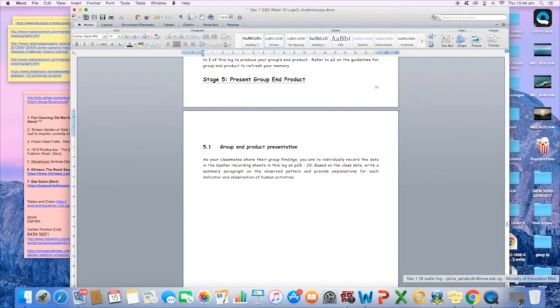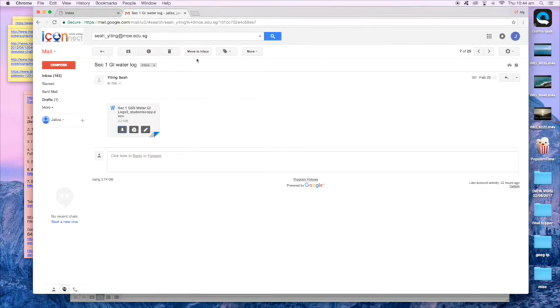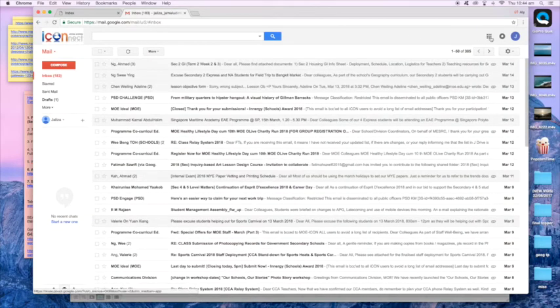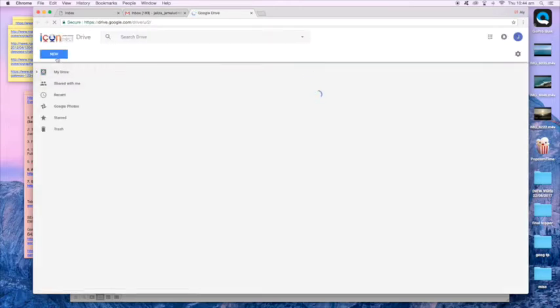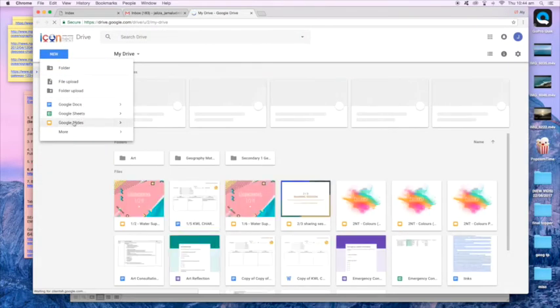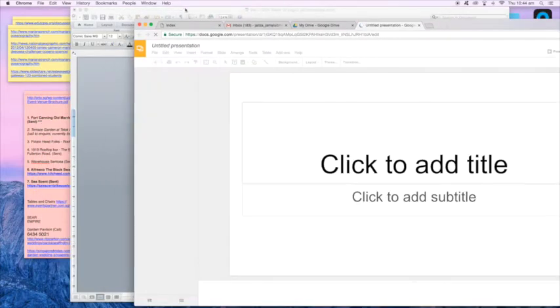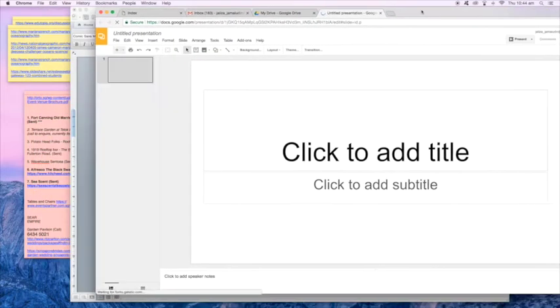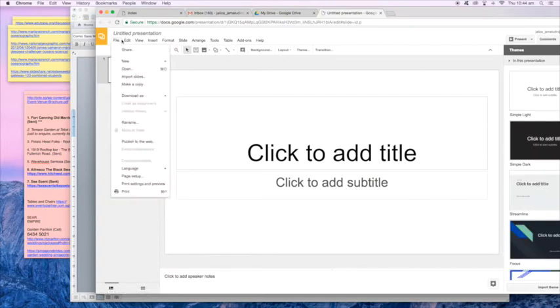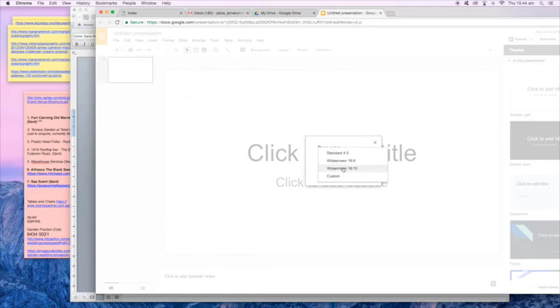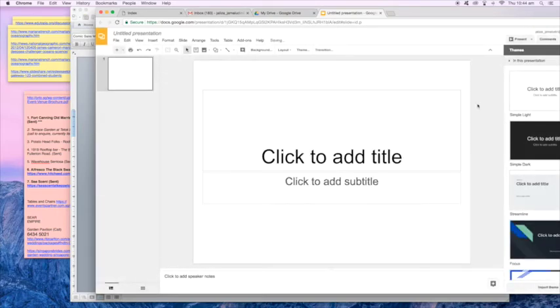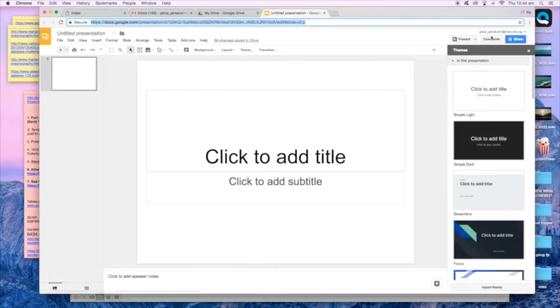So you already know that in your Gmail, you can create a Google Drive presentation, and then you have the slides. Same thing, you just share with your group members.